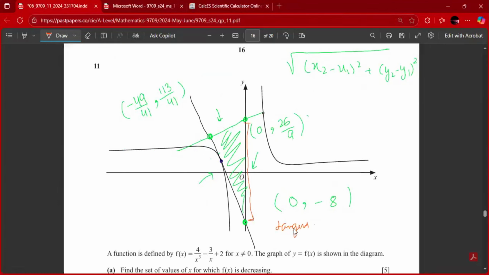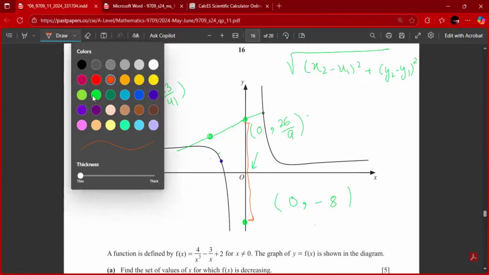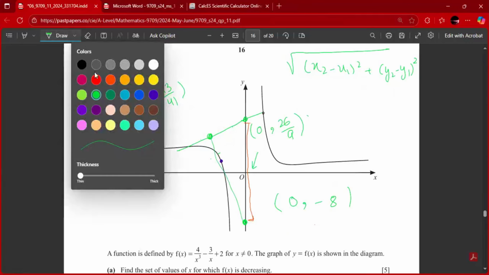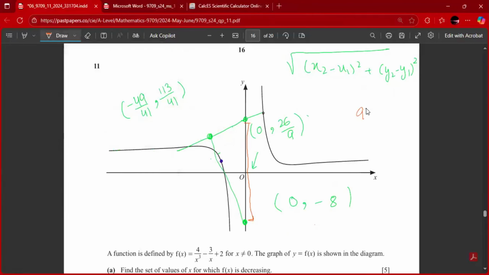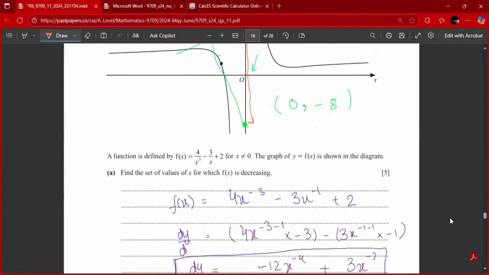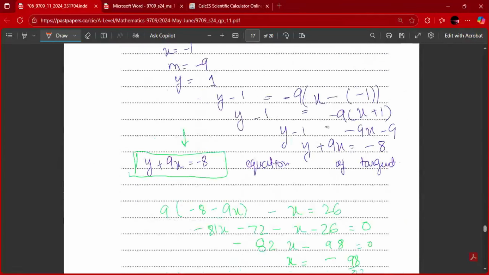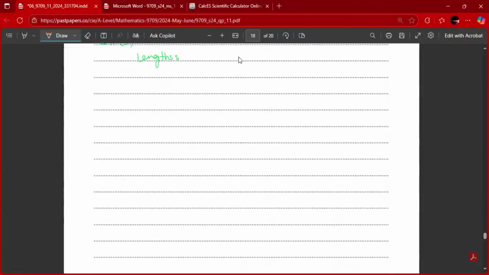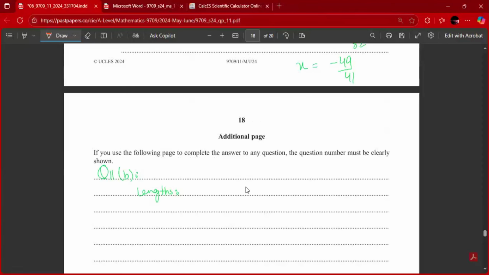Let's just reduce the mess here now. So we have found one length is 98 over 9. Length 1. We could later on define which is the hypotenuse and everything.